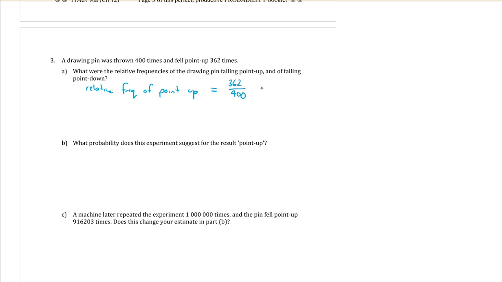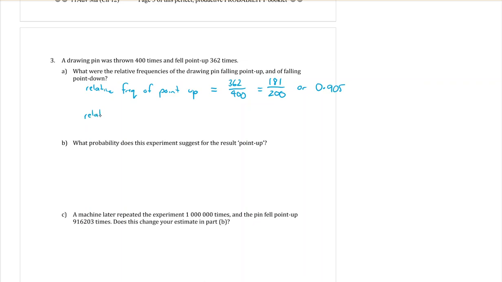That will simplify to be 181 out of 200. Now, most of the time with probability, we prefer to leave our answers as fractions unless it's otherwise stated in the question, so you want percentages or a decimal. It is interesting though that it is 0.905, which is definitely the majority when you see that as a decimal.